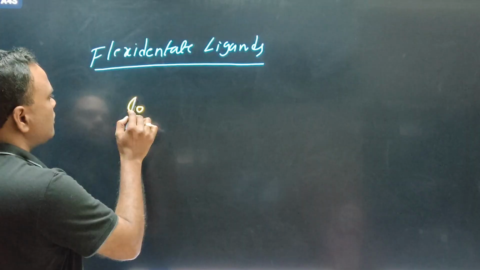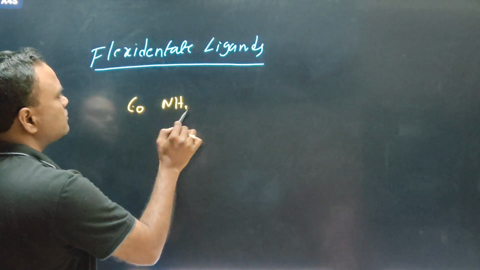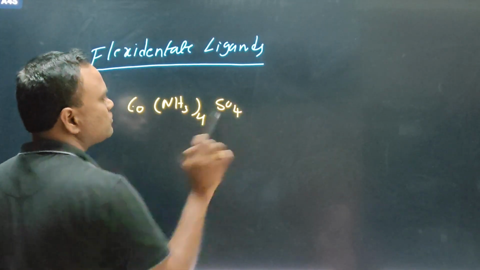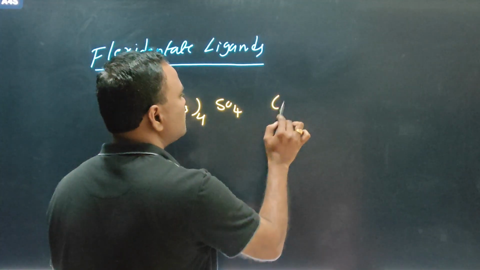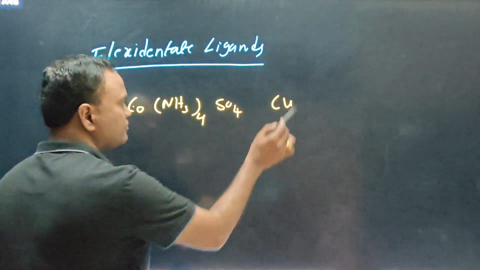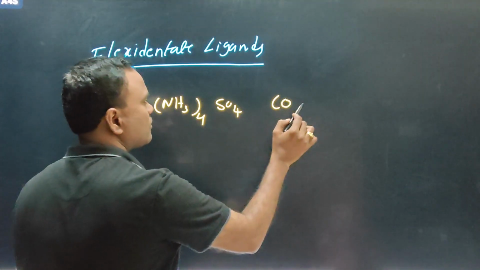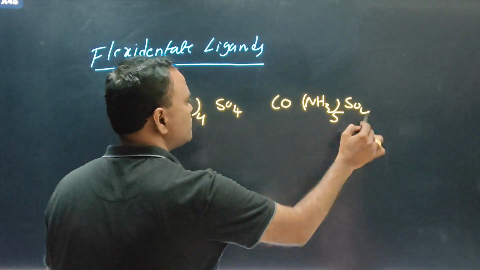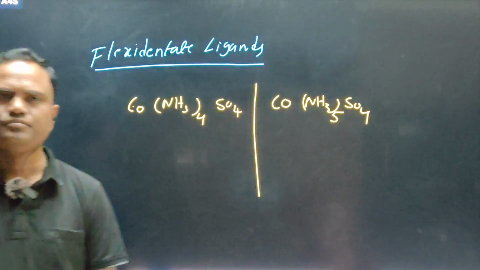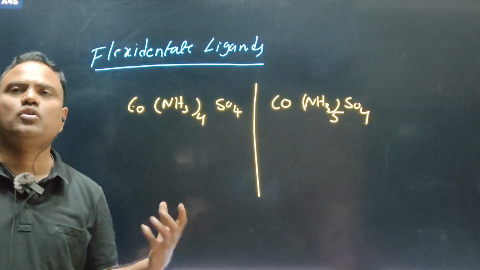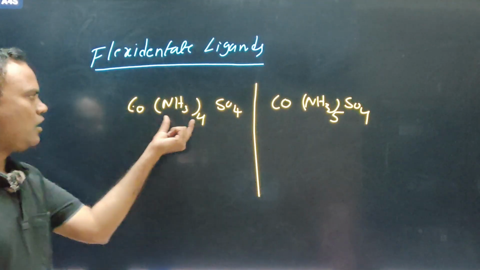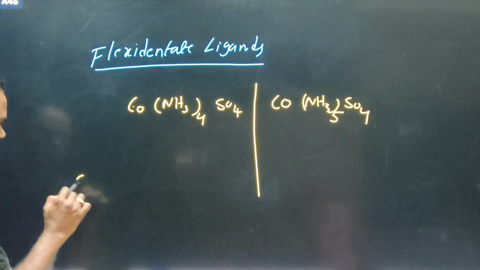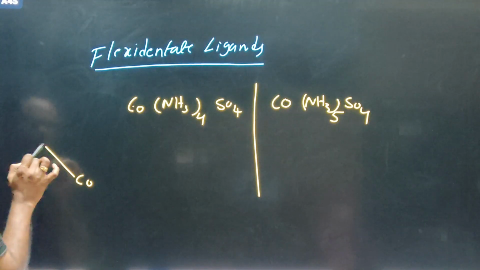Look at this example: cobalt, NH3 taken 4 times, SO4. And NH3 taken 5 times, SO4. Observe these two different ones. Cobalt needs how many ligands? 6. How many ammonia ligands are there? 4 ammonia ligands are there. Look at this, ammonia.